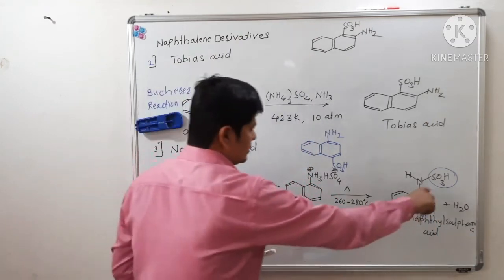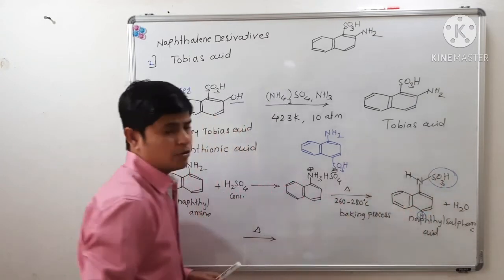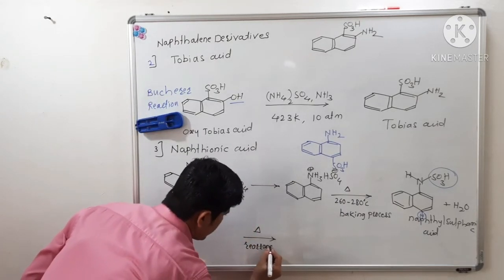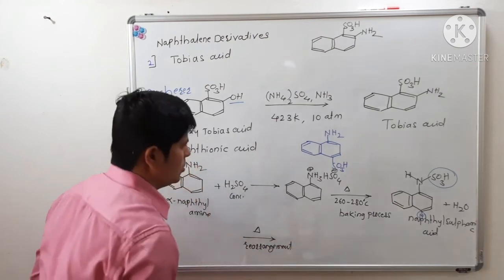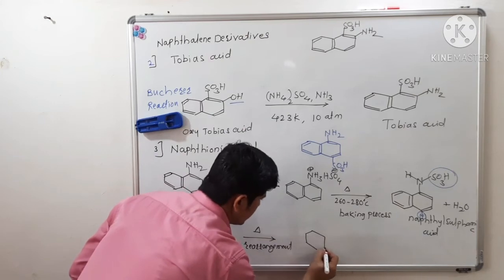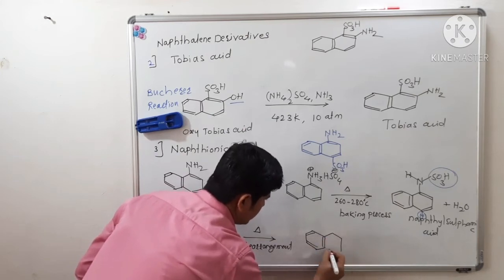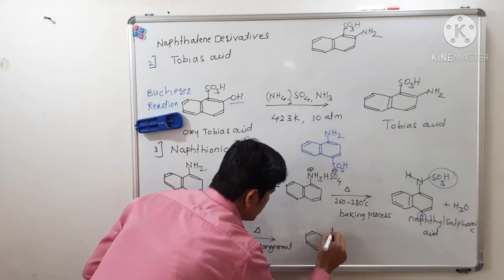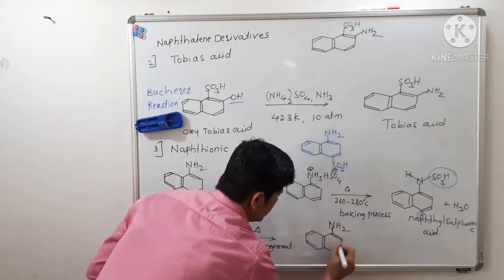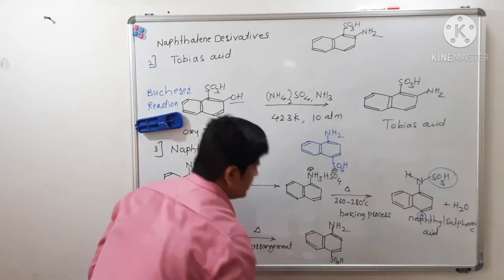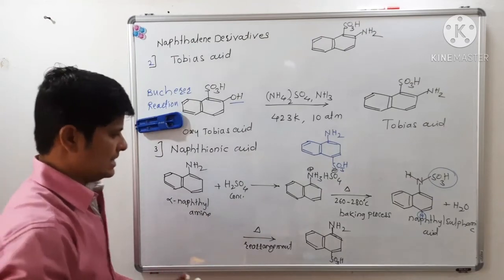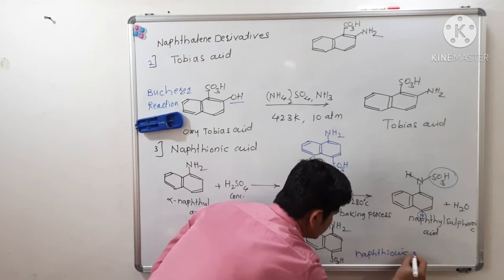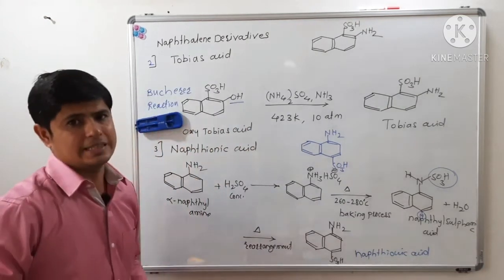So this sulfonic acid group will migrate here and this hydrogen will migrate onto the nitrogen atom. What you will get is naphthionic acid.